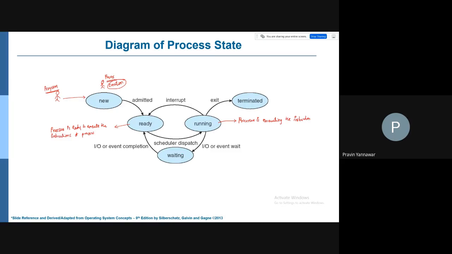From running it comes to waiting, either because you need some IO device, or you need some event to handle.